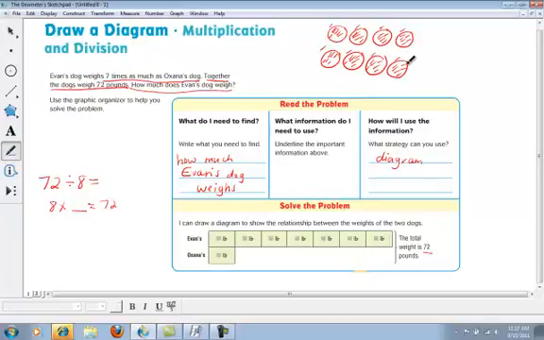I started making them outside of my circles just because I ran out of room, but I'm still counting that with the group. So I left off on 56, 57, 58, and so on, up to 72.